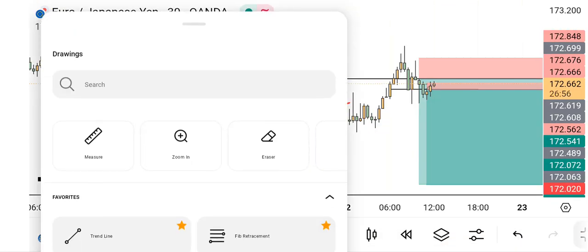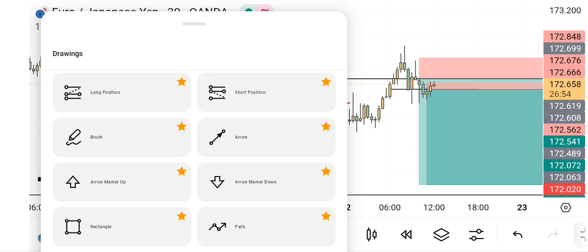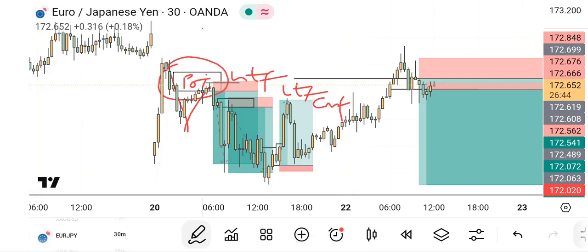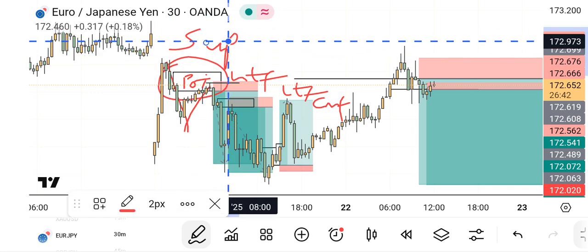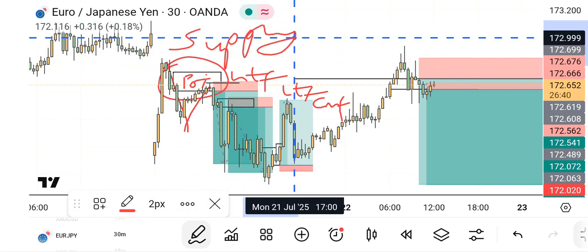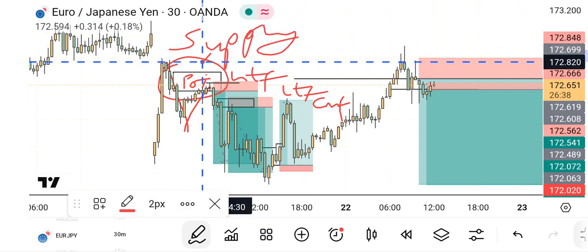Let me just write it. Just let me take my pencil, which is the supply zone. Supply zone, which is this zone.